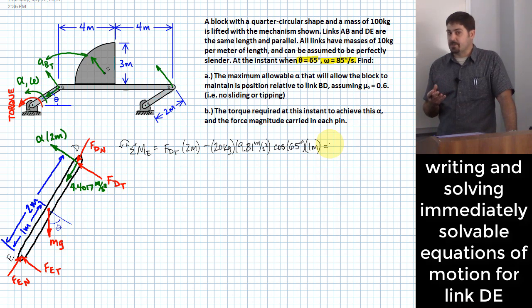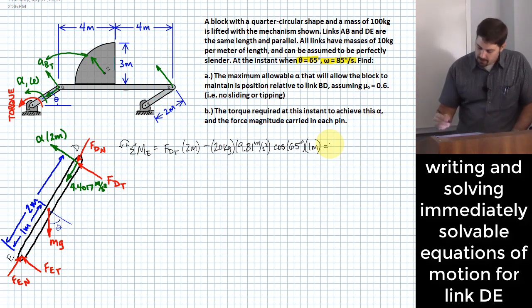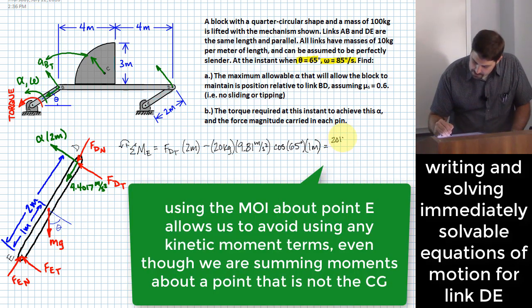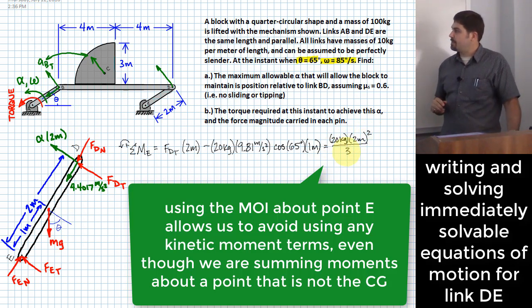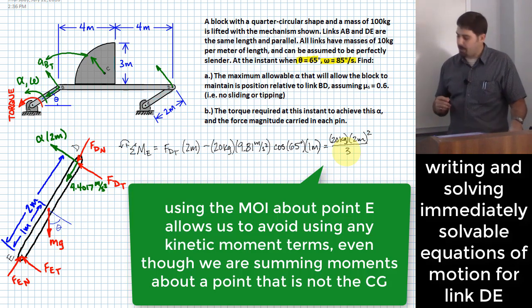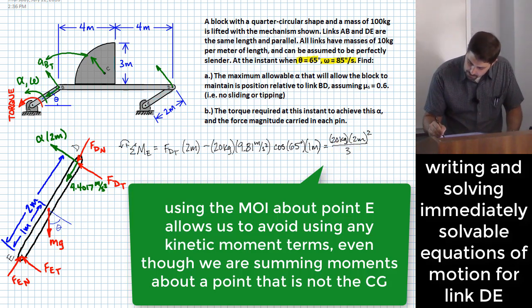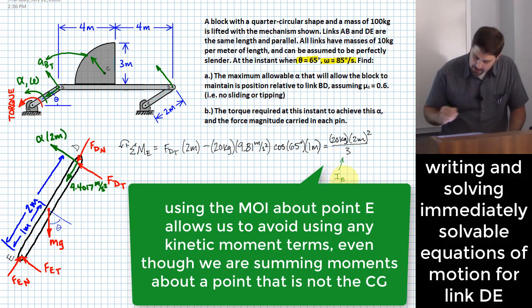Instead of ml squared over 12, it's ml squared over 3 if you're taking it around the end of a rod. So all we have to do is 20 kilograms times the length of this thing, which is 2 meters. That term is the moment of inertia about point E.